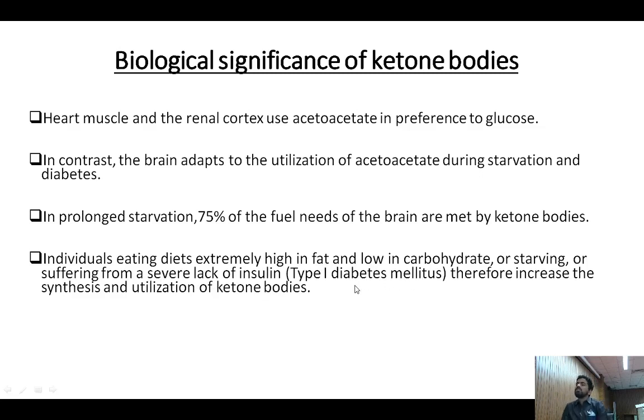It is because there is some defect in the pancreas leading to decreased production of insulin. We know that insulin inhibits ketone body formation, but if insulin is not present, more and more ketone bodies will form. So that's why in extreme diabetic condition, especially in type 1, ketone body formation increases, and that condition is known as diabetic ketoacidosis.